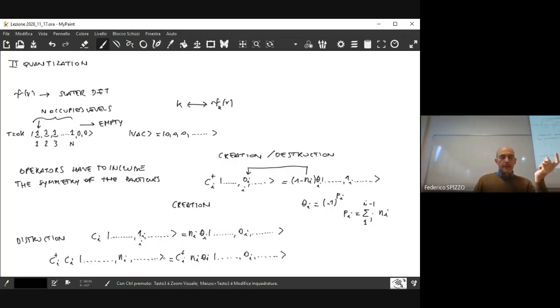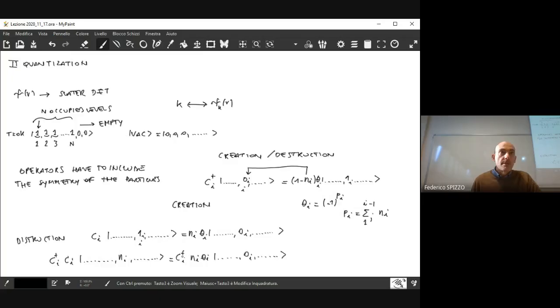Because if initially Ni was 1, then the action of the operator destroys that electron and gives me a new state where just that electron is missing, and the coefficient here is 1. If the initial occupancy was 0, at the end, no action of the operator due to the fact that you may not destroy a state that is not there.